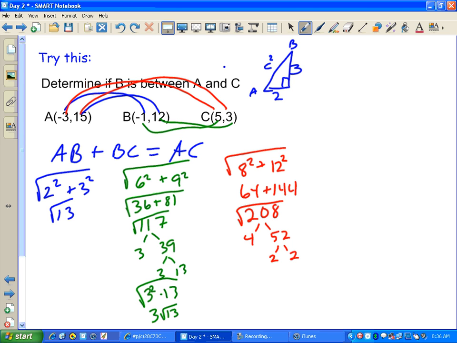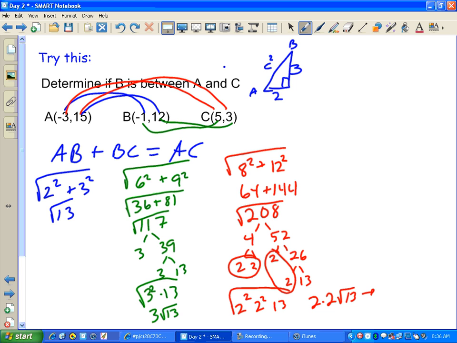So this is going to give me 26. 26 is 2 times 13. 4 is 2 and 2. So I've got 2 squared, another 2 squared, and a 13. These 2's are going to cancel the square roots above them. So really this is 4 square root of 13.